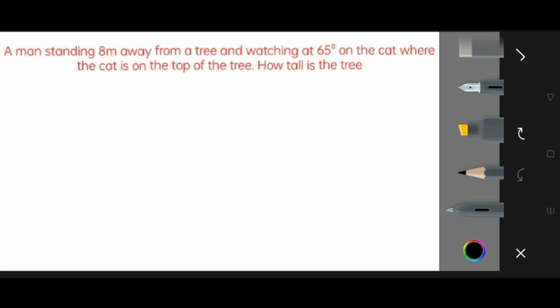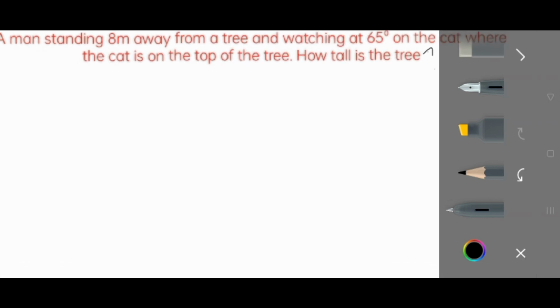Now a real world scenario: a man is standing 8 meters away from a tree and looking up at an angle of 65 degrees at a cat on the top of the tree. The question is, how tall is the tree? So first we illustrate a tree and a man.